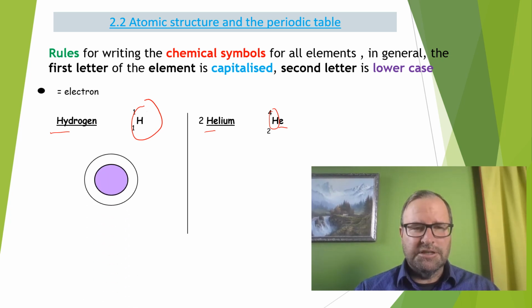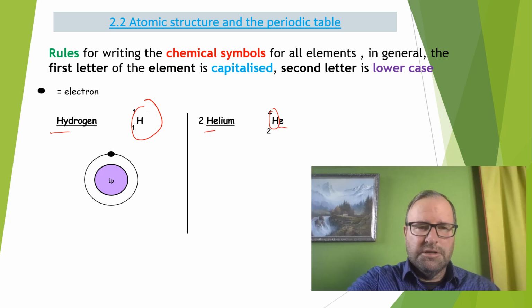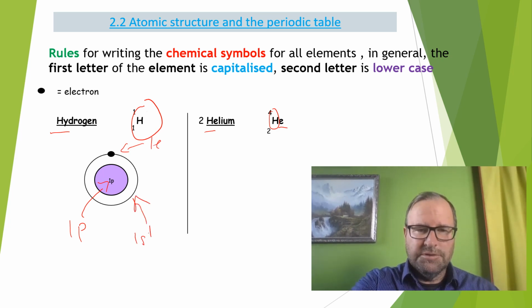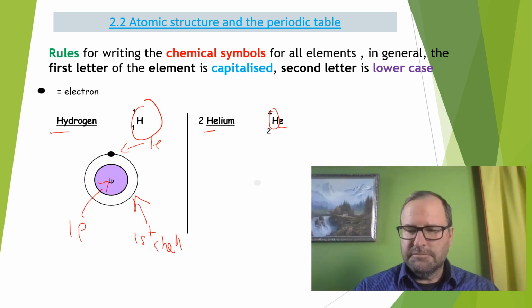Here we go. Here's the electronic configuration for hydrogen. You can see it's got 1 proton in the nucleus, and you can see the little dot of 1 electron. That's in the first shell. We go to helium.